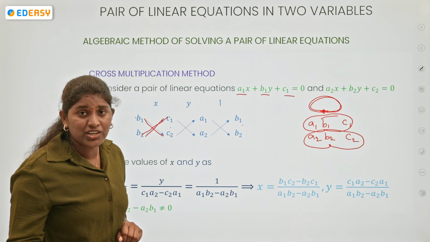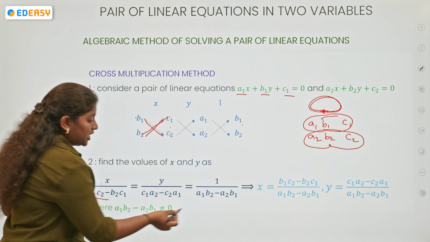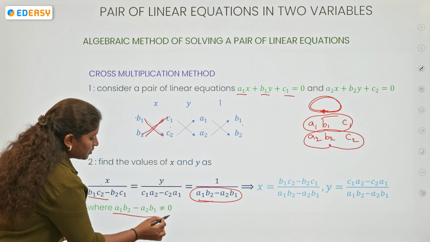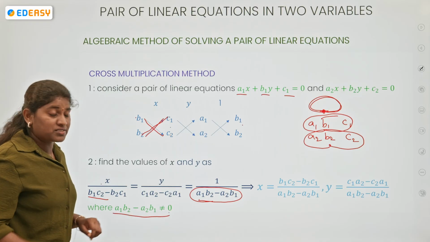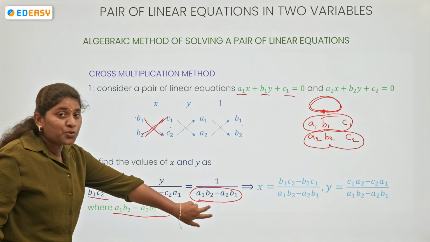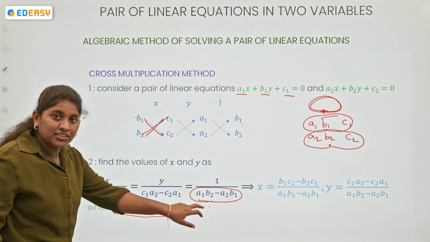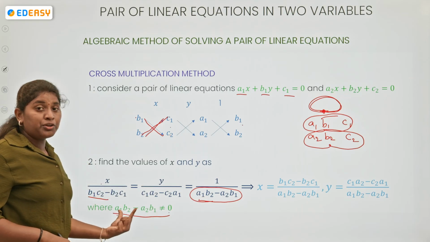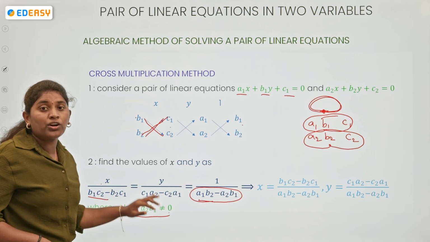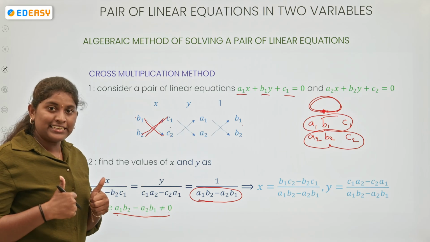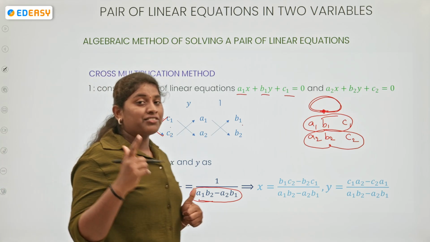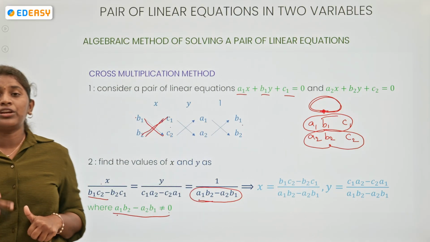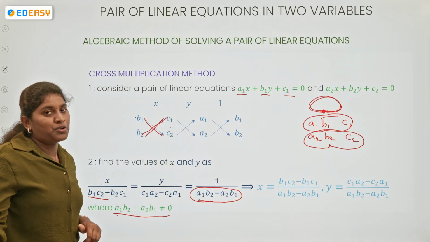But here you need to check one condition: A1B2 minus A2B1 should not equal 0. Why? Because if I get this value as 0, then it will be undefined. For that reason, A1B2 minus A2B1 should not equal 0. If you find that value as 0, then you can go for the other methods to solve them.